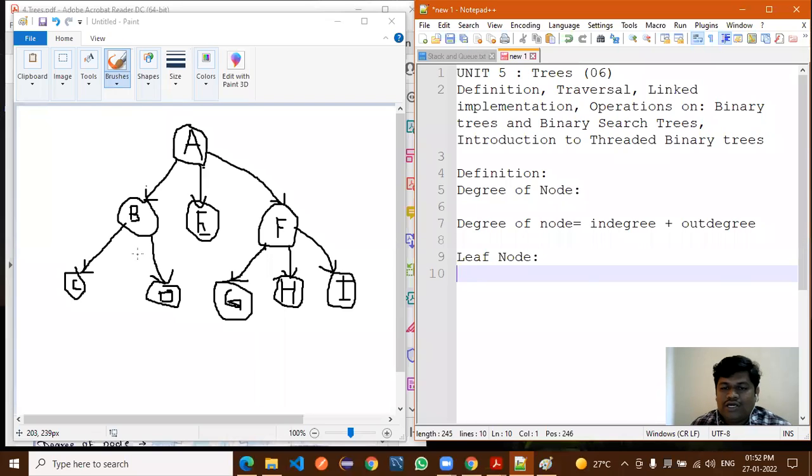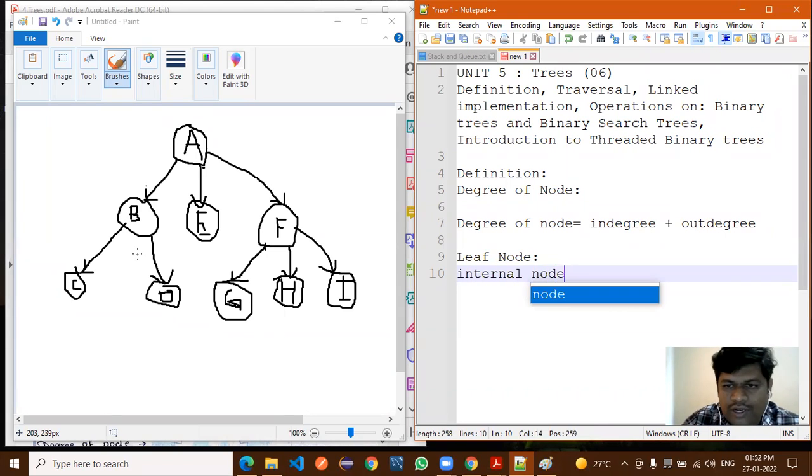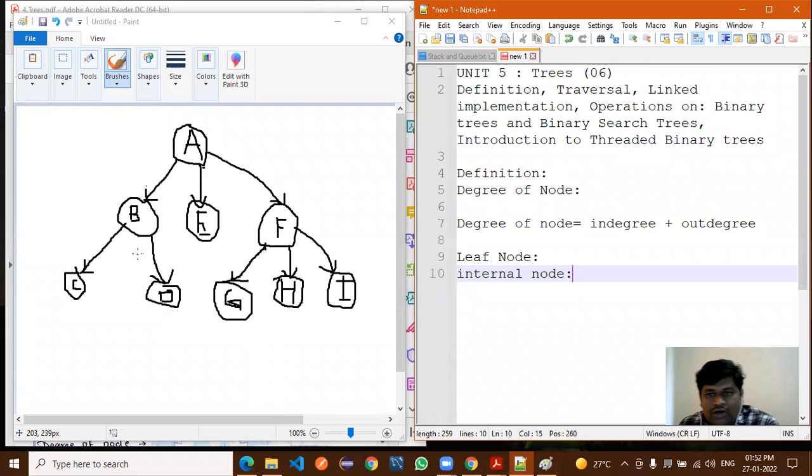Now next is the internal node. I will explain that first. The internal node is not your root node, and it is not your leaf node.